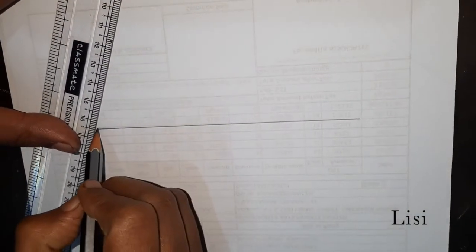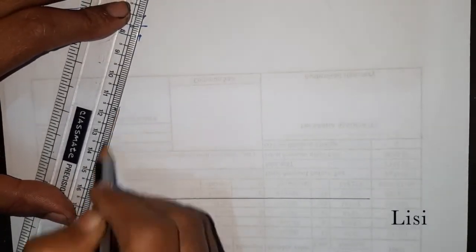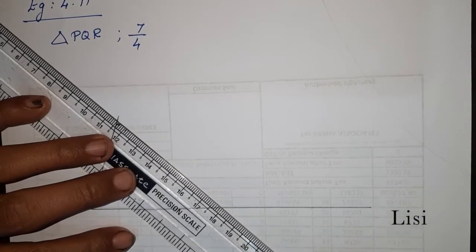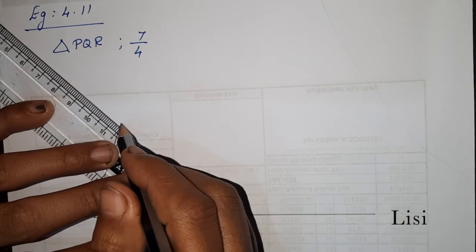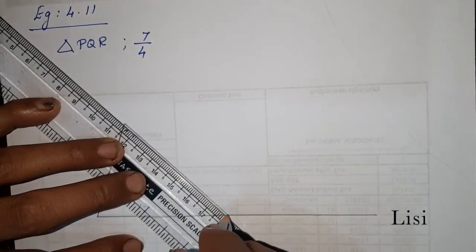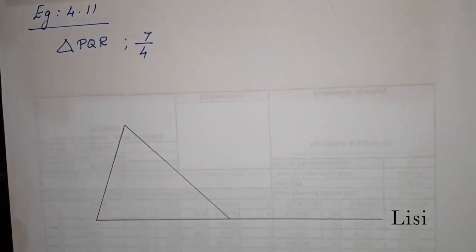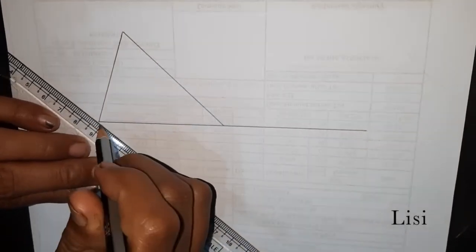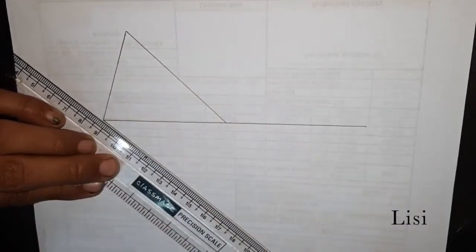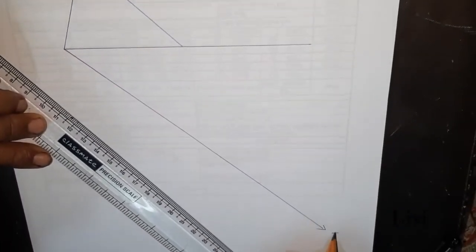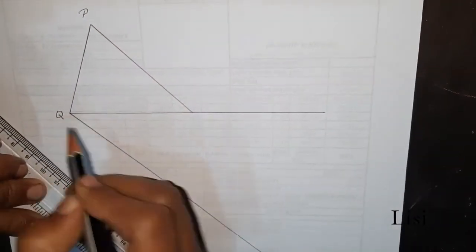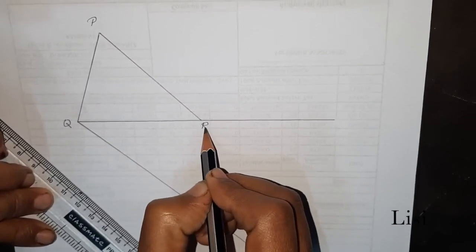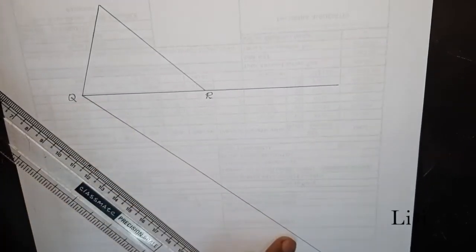Then draw a triangle. This is your X. This is P. This vertex Q. This vertex R. Previously we marked arcs in this ray.